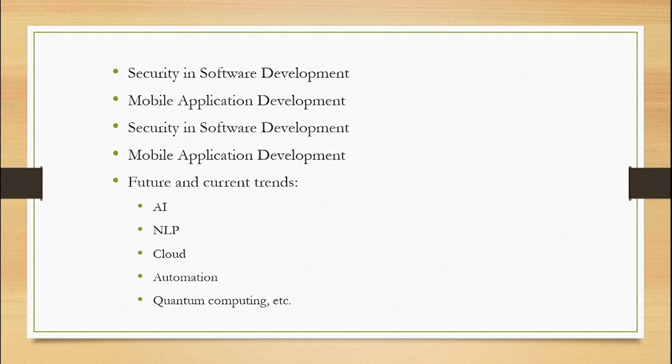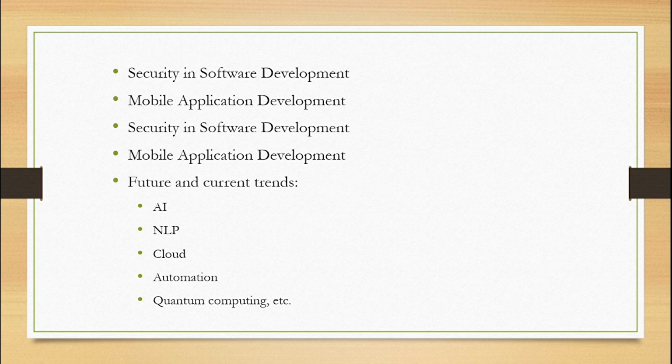Then I have added some subtopics, which are future and current trends. I'm 100% sure that you must have heard of the term AI, artificial intelligence. Artificial intelligence is nothing but a set of rules that we have defined for the computer, based on which the computer is able to decide.